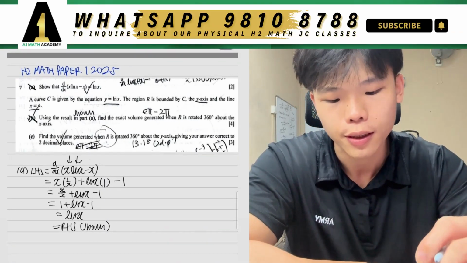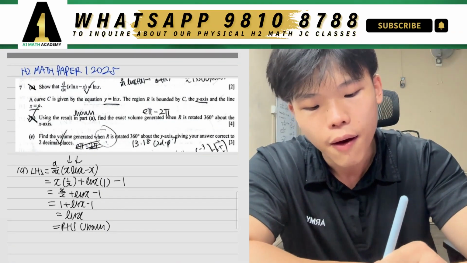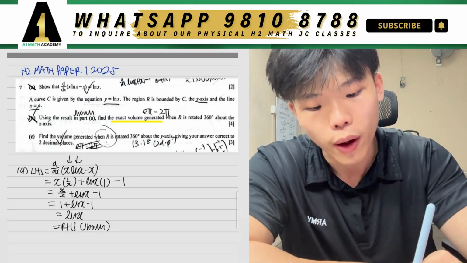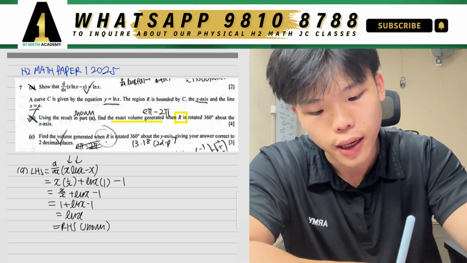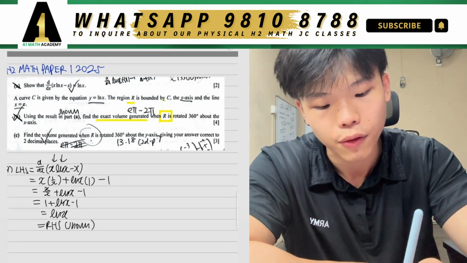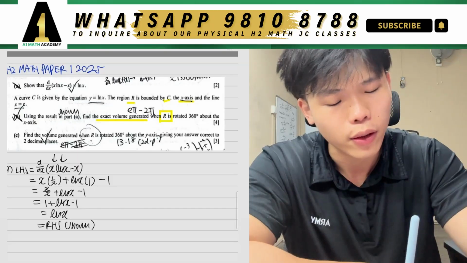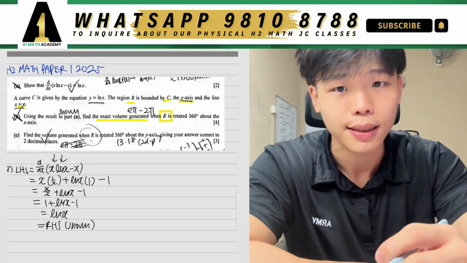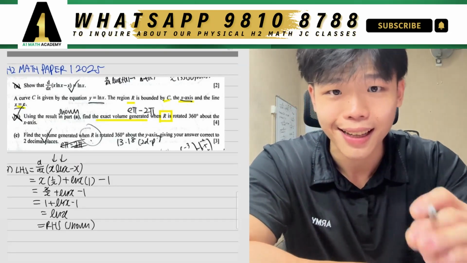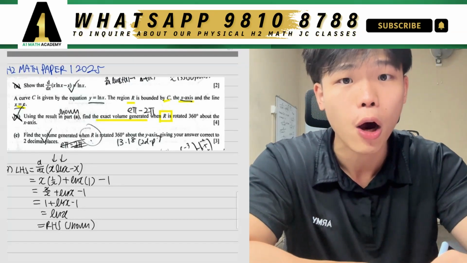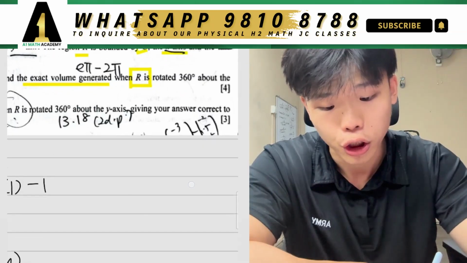Now for the next portion, this is where they want us to find the volume of the solid generated when the region R, which is bounded by the curve ln x, the x-axis, the line x equals 1 and the line x equals e, is rotated. The best way to approach these types of questions is to first sketch roughly how it looks on the GC.